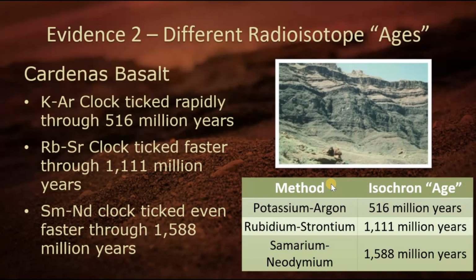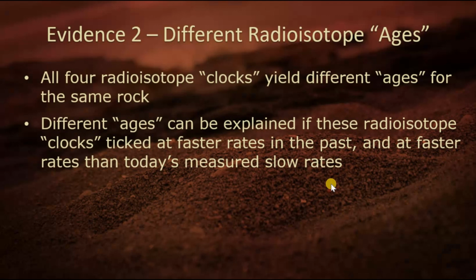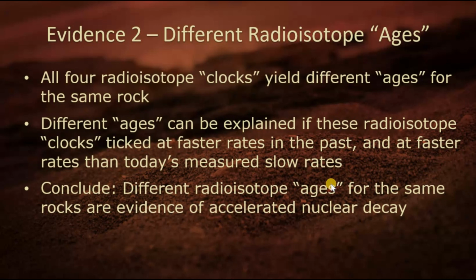And the samarium neodymium ticked even faster through 1,588 million years. So all 4 radioisotope clocks yielded different ages for the same rock. Different ages can be explained if these radioisotope clocks ticked at faster rates in the past and at faster rates than today's measured slow rates.